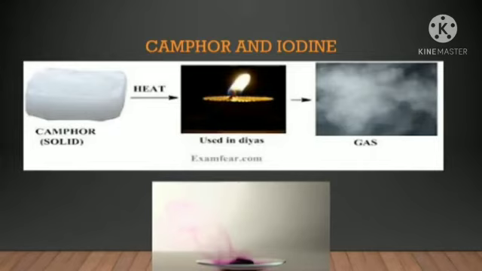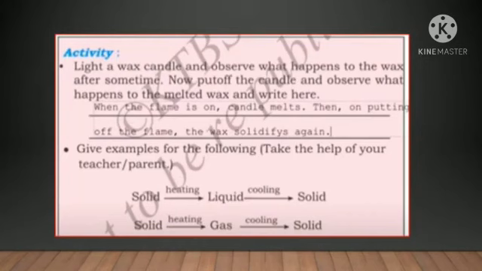When heated, it gets converted to its gas state, and it starts emitting purple colored gas. The second picture that you can see at the bottom of the screen is the iodine. Such changes are called sublimation.